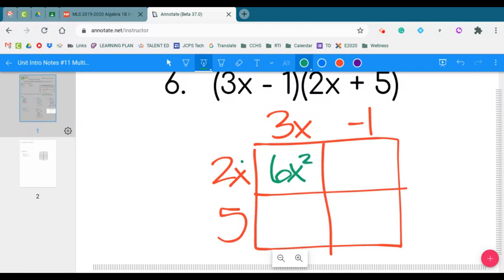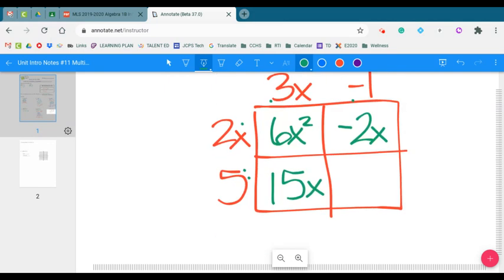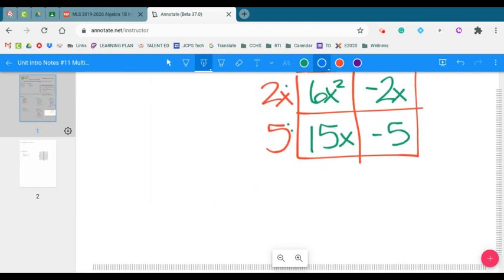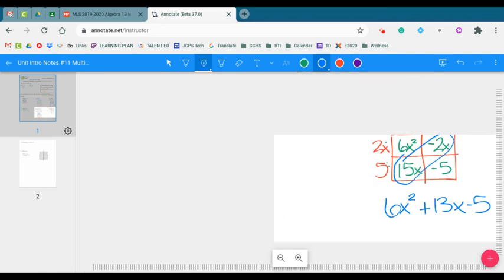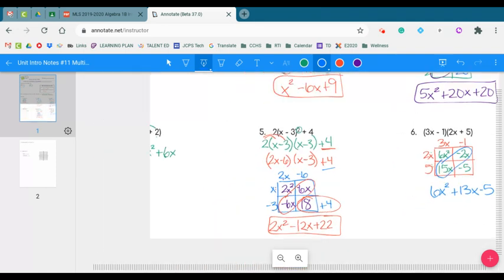Negative 1 times 2x is going to give me negative 2x. 3x times 5 is going to give me 15x. And then negative 1 times 5 is going to give me a negative 5. My next step is I write my simplified expression. 6x squared. 15x minus 2x is going to give me 13x. And then minus 5. Okay, so that is it for the front page.